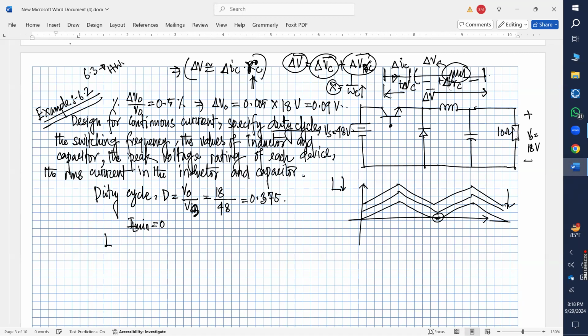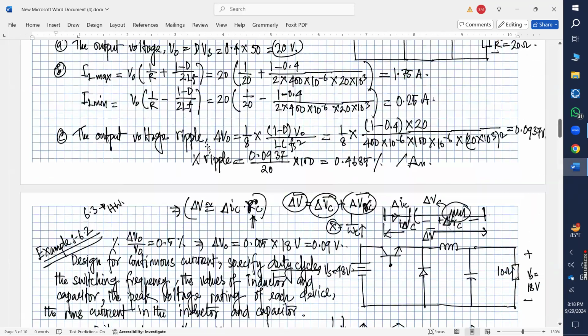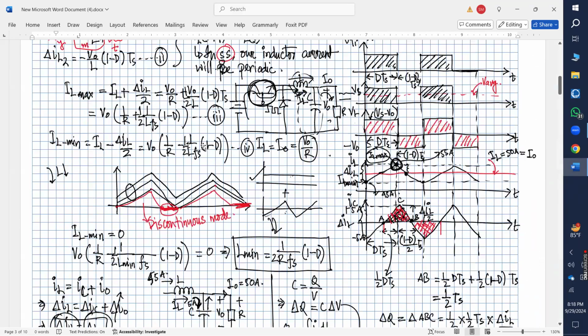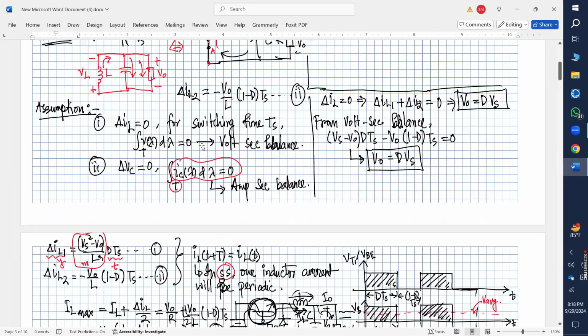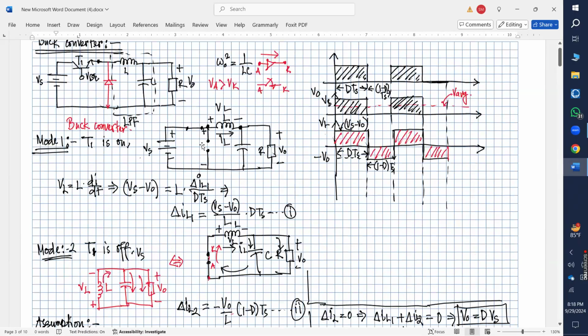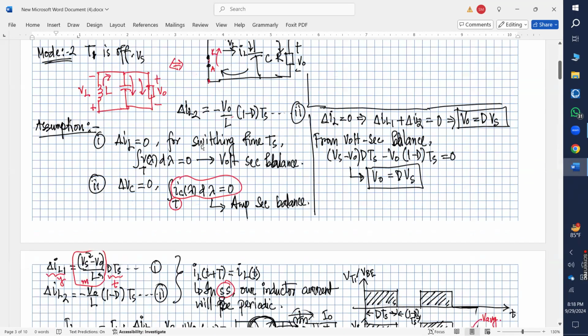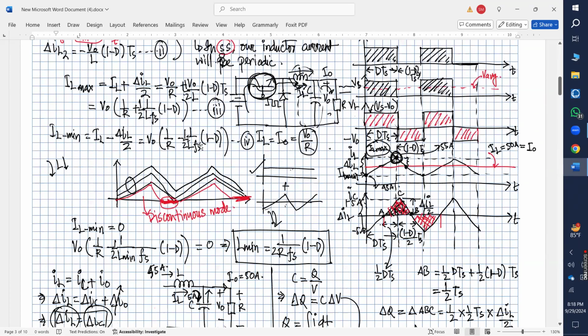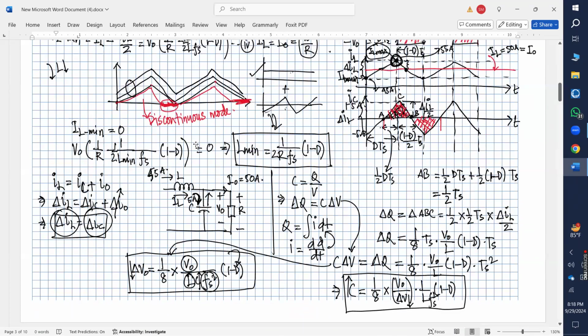And then from that one, we got the L min value, right? In the last class, we derived the equation for L min value. So what was the L min value? Can anybody remember?